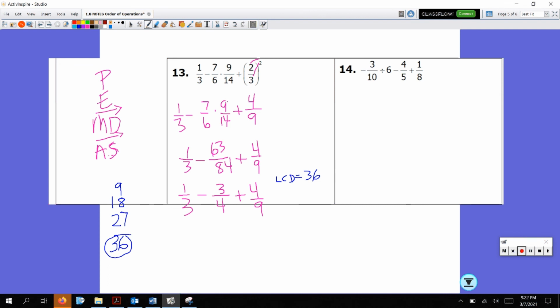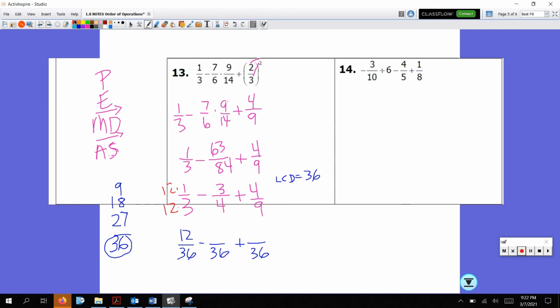What that means is we need to have all of these fractions have this common denominator of 36. And how do we get the new numerator? You figure out what you multiplied the denominator by to get 36. 3 times 12 is 36, so you multiply the numerator by 12 and get 12.